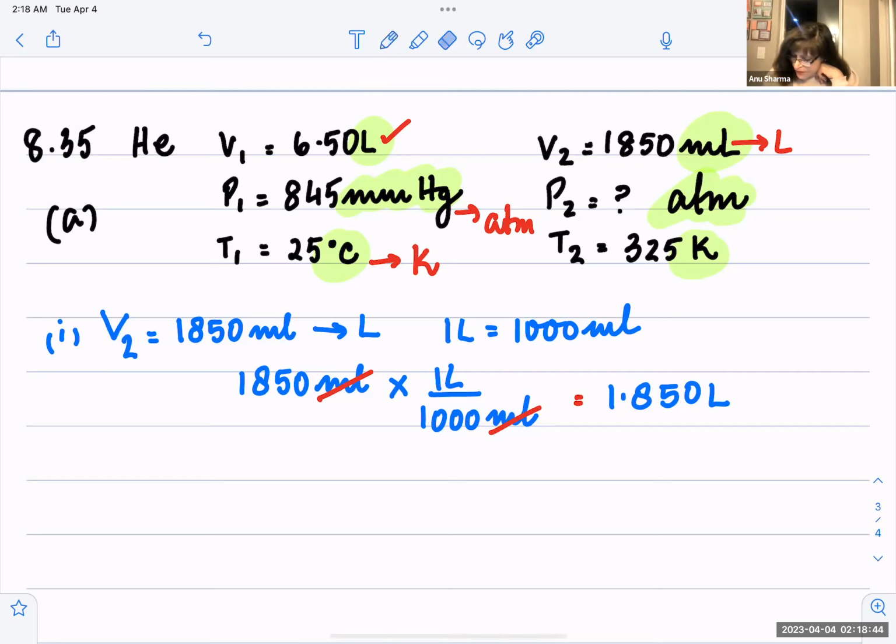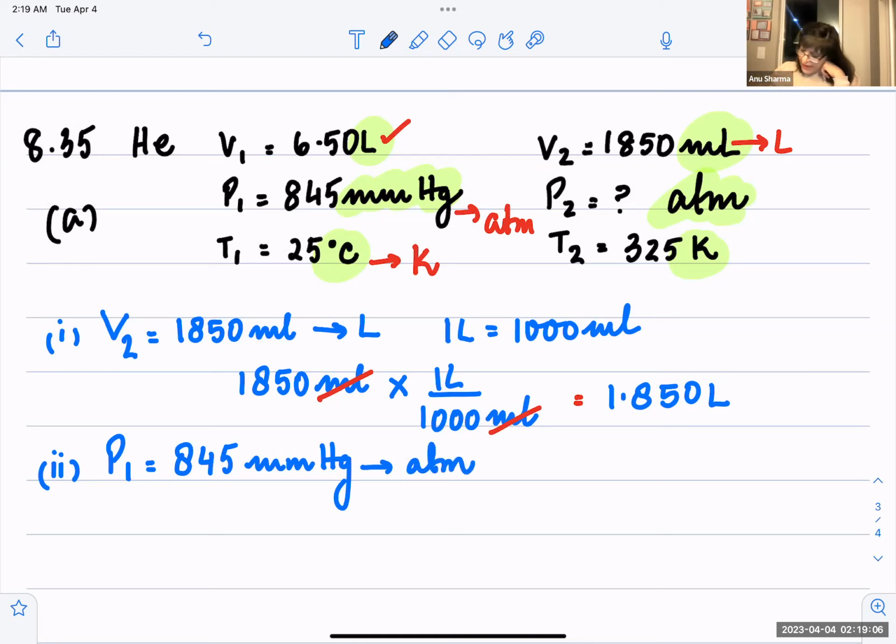Next conversion is the 845 millimeters of mercury. So that's P1. P1 is equal to 845 millimeters of mercury. Convert that to ATM.